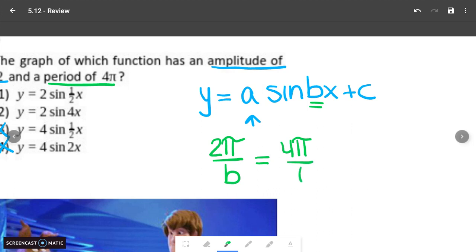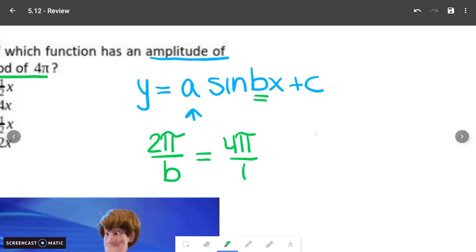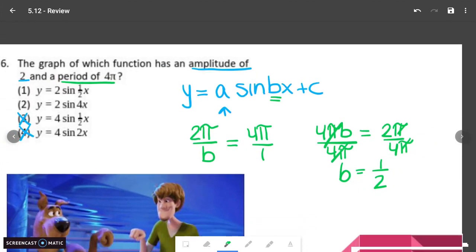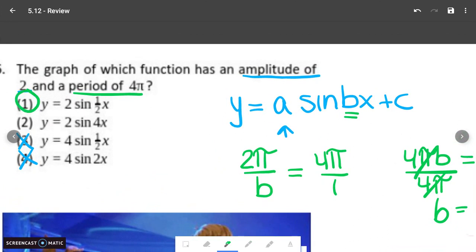So I'm going to stick this over 1, just cross multiply. So we have 4 pi B equal to 2 pi. And we're getting B by itself, so I'm dividing 4 pi to both sides. Well, that cancels, so we have B equals, pi's cancel, and we simplify to 1/2. So it's going to be choice 1.